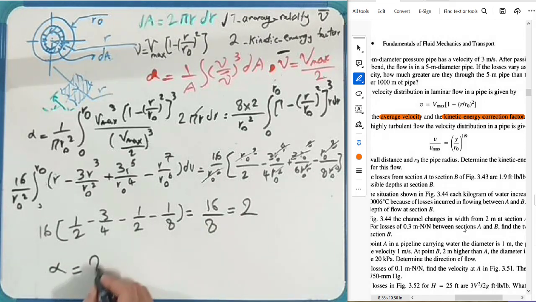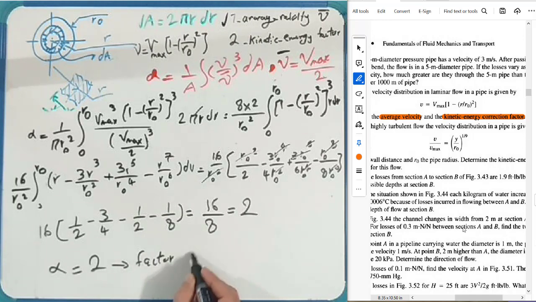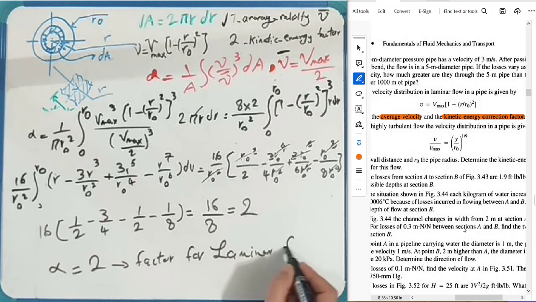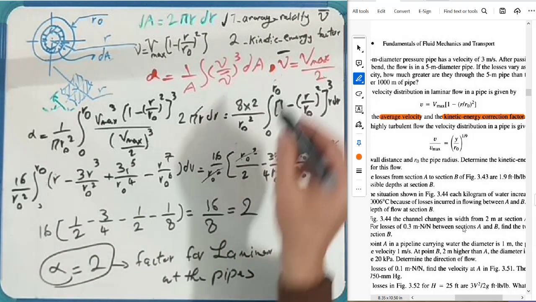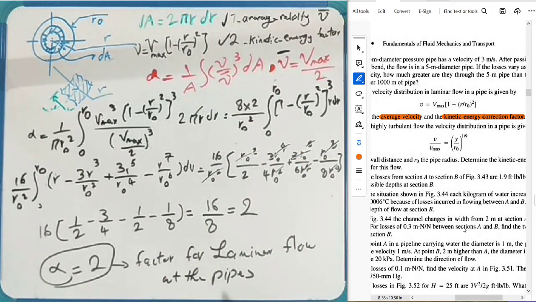Alpha is 2, which is the factor for laminar flow in pipes. Okay, this is the second question.